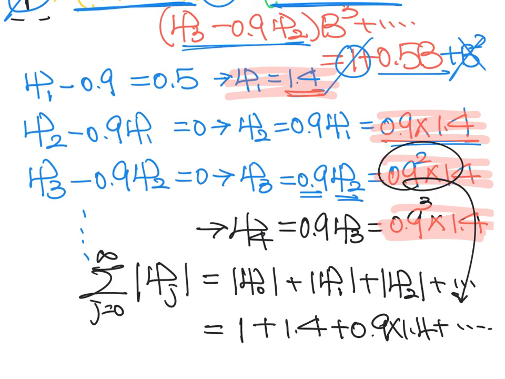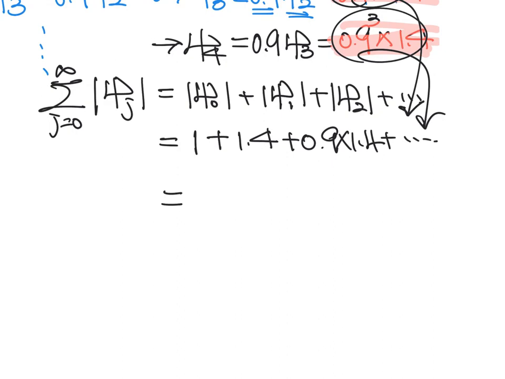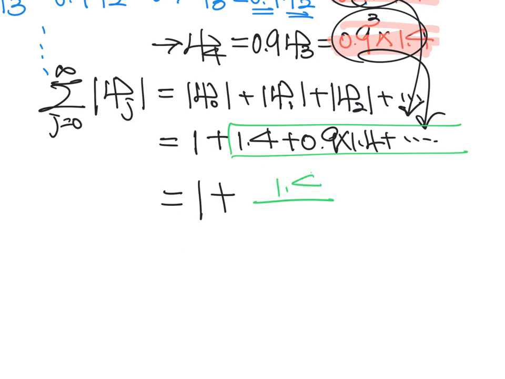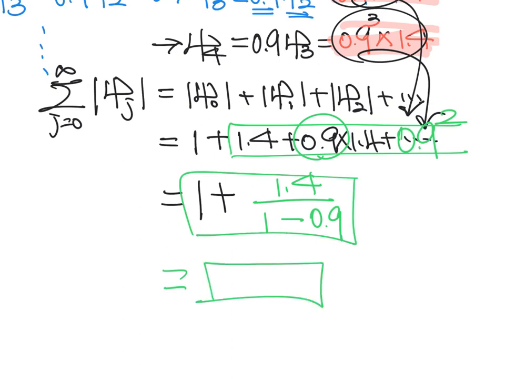Right? Yeah. So now I can say 1 plus. And now here, we can apply the formula. On the top, we need the first term, 1.4, over 1 minus the multiplier, which is 0.9. When you do this one, you can do it by yourself, but at least I can say it is less than infinity.